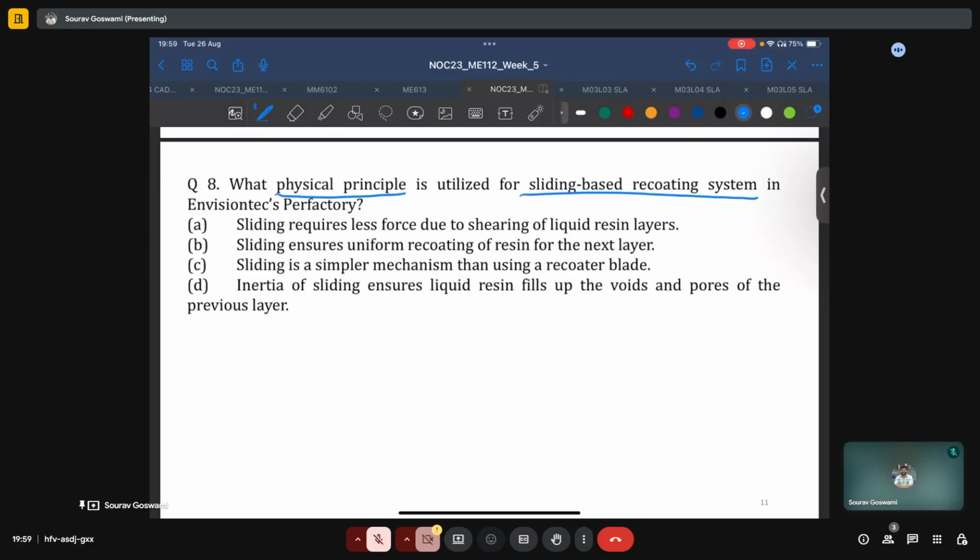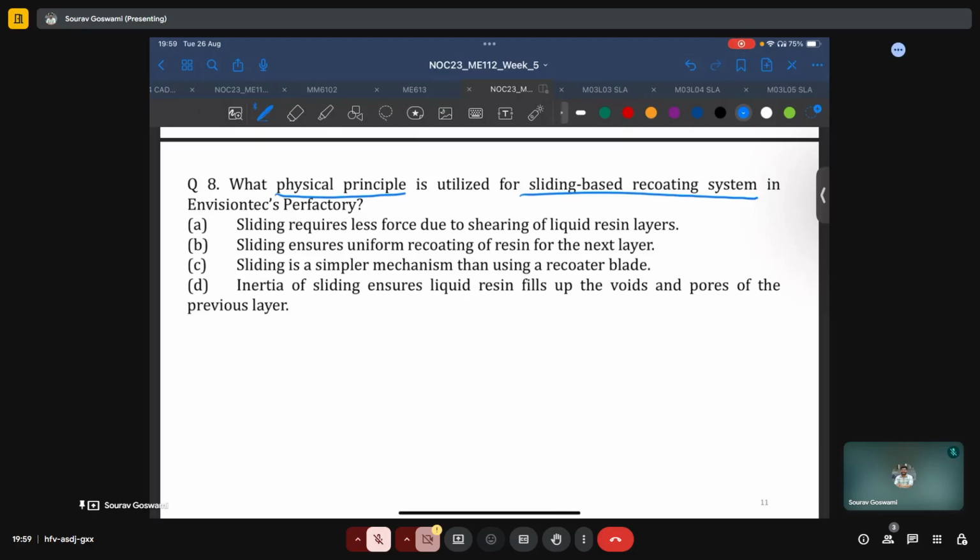Please recall that this recoating system had a step where the part which is already cured in the previous step had to be separated from the transparent window. And this was achieved by a motion of the sliding type. Why was this sliding motion preferable, say, to a vibratory or shaking or tearing away like motion?